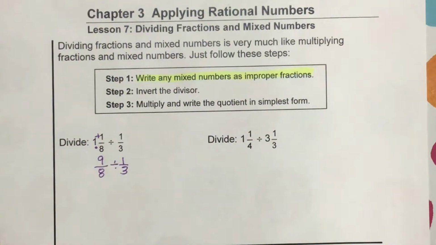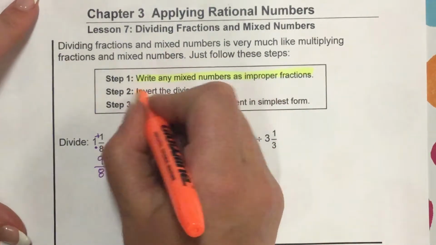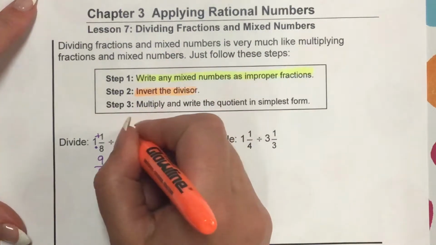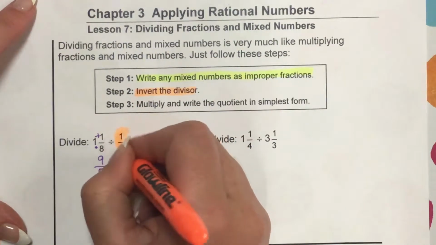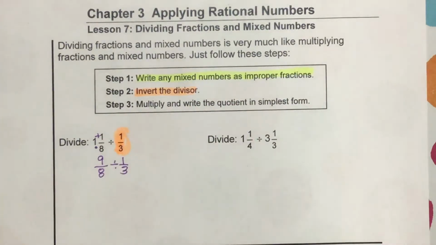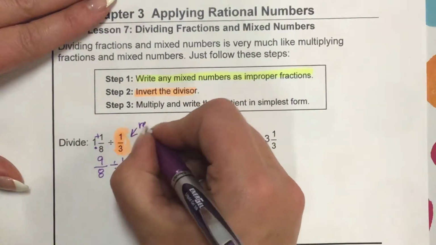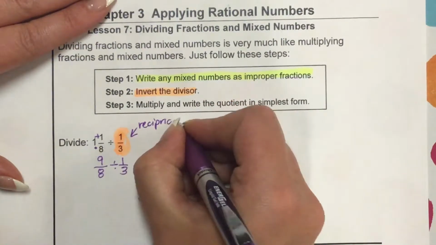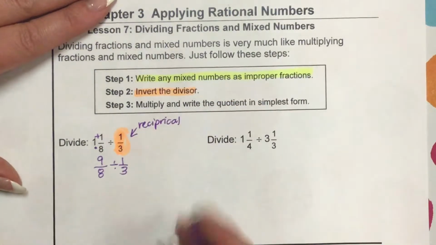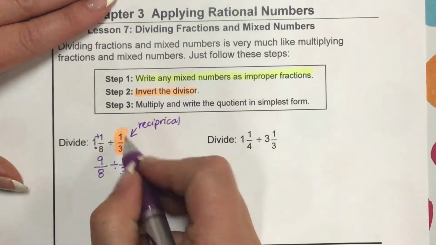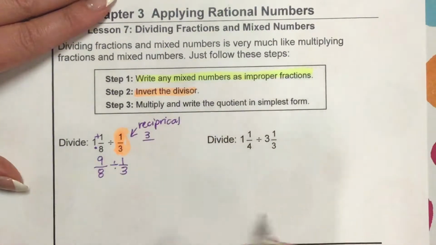You can do that. Step 2 says to invert the divisor. Now this number right here is called the divisor. And when it says invert, that really means you take the reciprocal of it, which means you just flip it. So the reciprocal of 1/3 is 3/1.